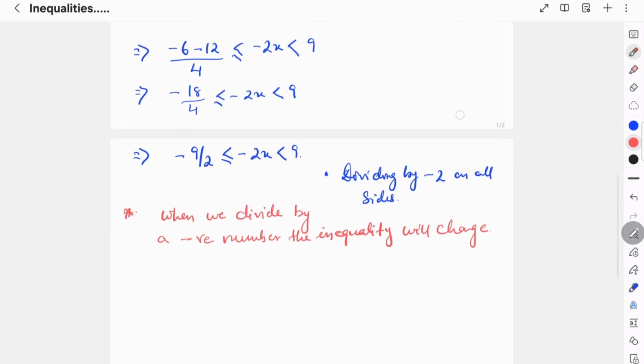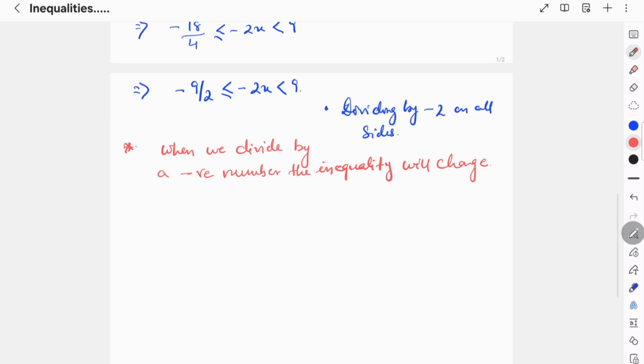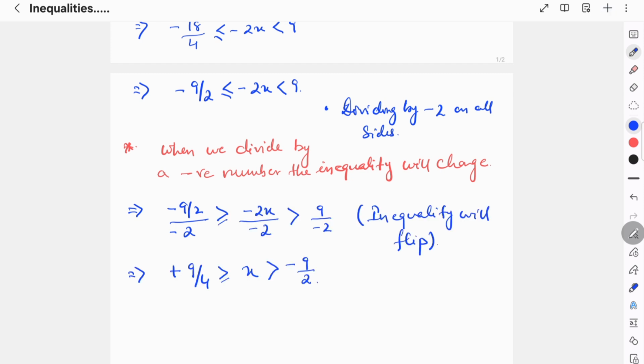Now here we have to take care of this negative sign. Since we are dividing all sides by negative 2, our inequality will flip. The greater than will become less than, and the less than will become greater than.